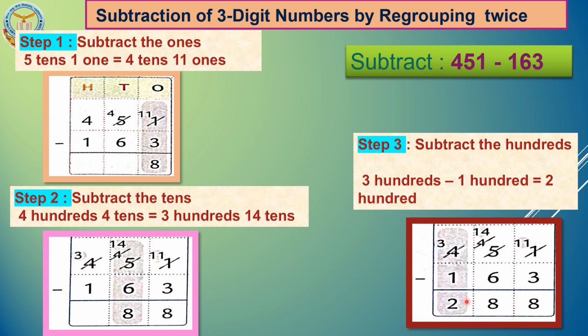So write down 2 in the hundreds column. Hence, in this way, we can subtract 163 from 451 and we will get the difference 288.